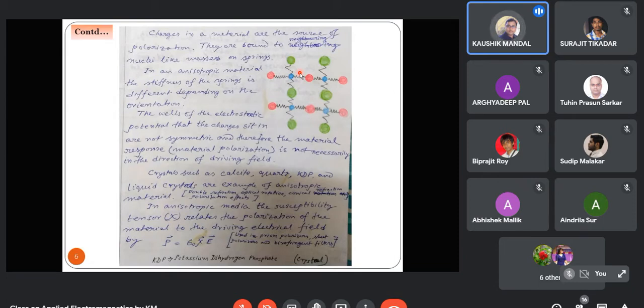If you consider a particular charge and its corresponding electrostatic potential well, and next another charge and its potential well, these neighboring potential wells will not be equal or symmetric in shape with respect to each other.